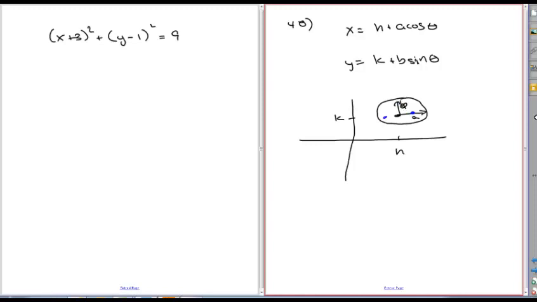And the relationship is, so let's just write it out here. c squared is equal to a squared minus b squared. And a is the semi-minor axis, and b is the major axis.